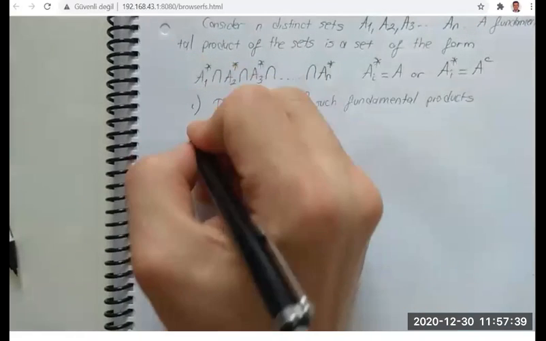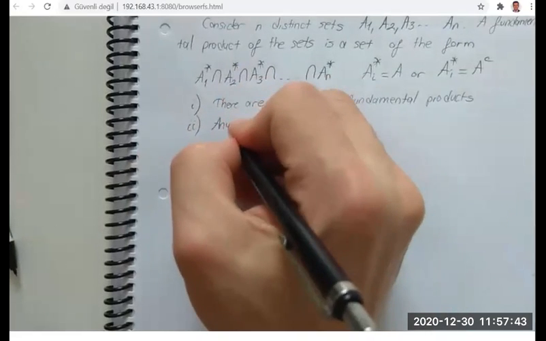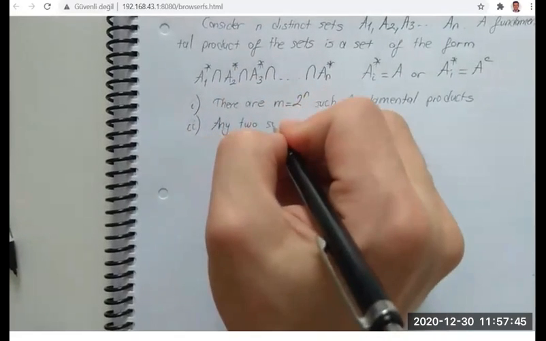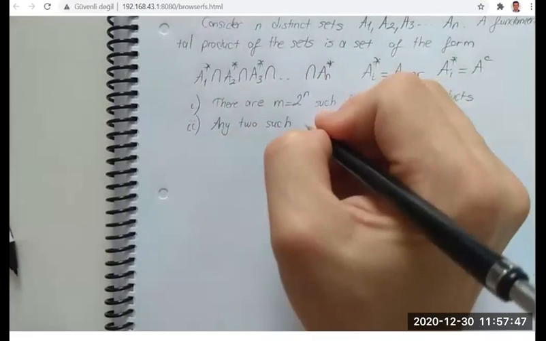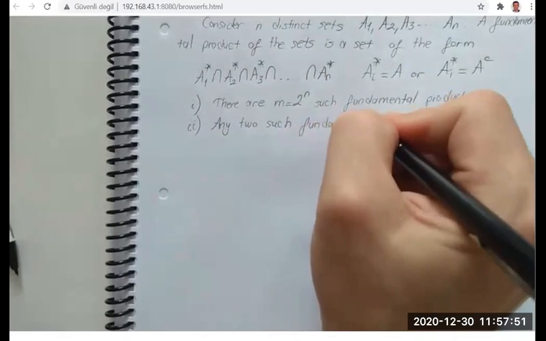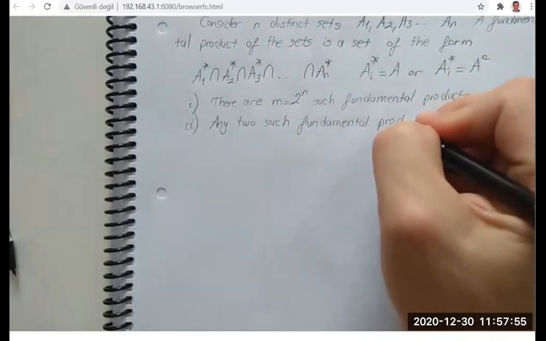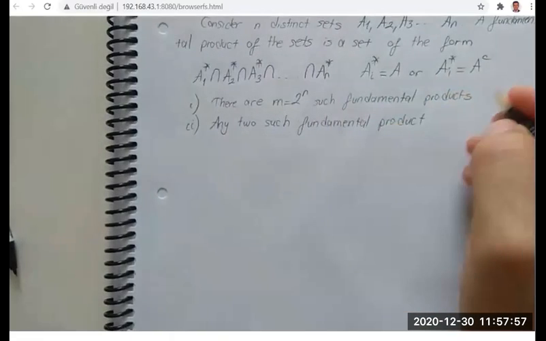Second, any two such fundamental products are disjoint.